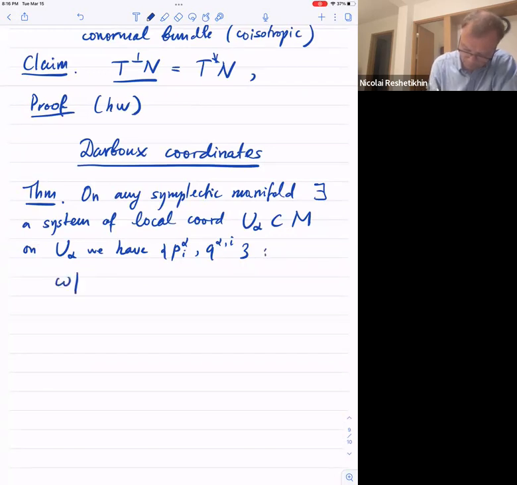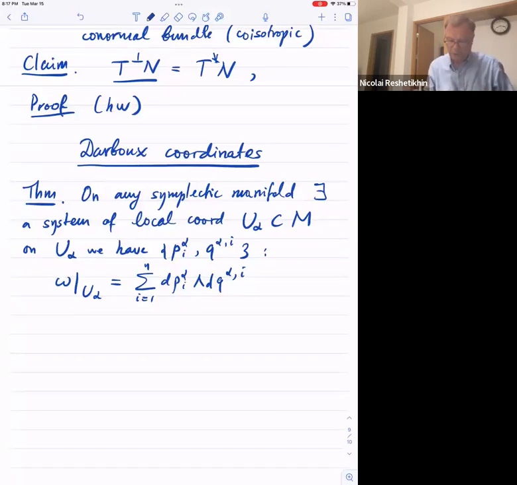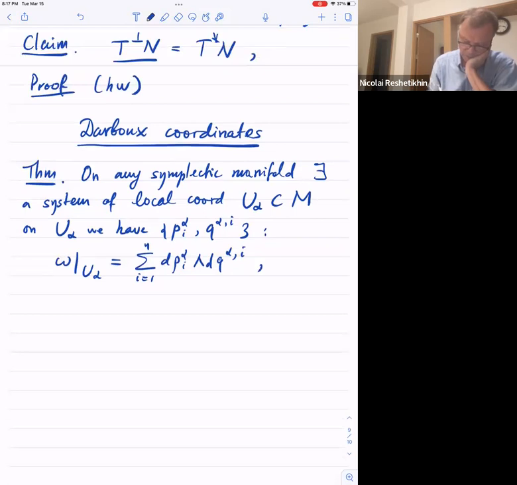So omega on U_alpha, the claim is that there exist such coordinates that omega has this form. And if you change coordinates to another coordinate chart, in the new chart it will still have this form. So these are Darboux coordinates.